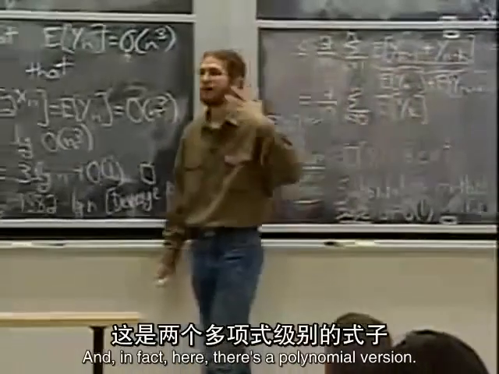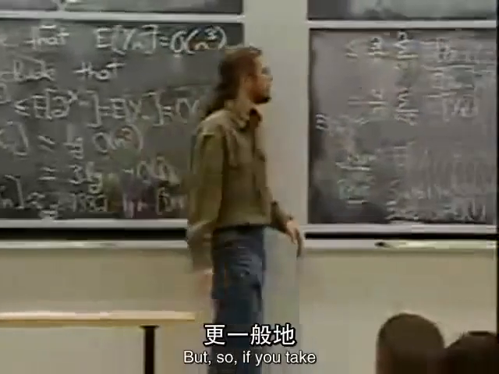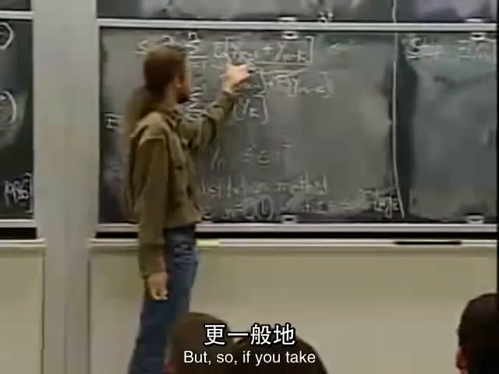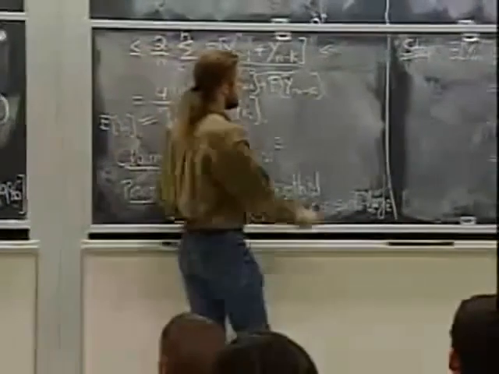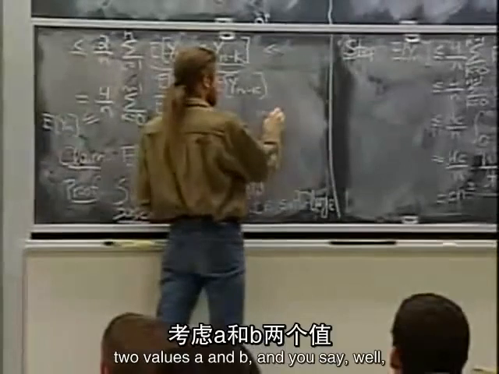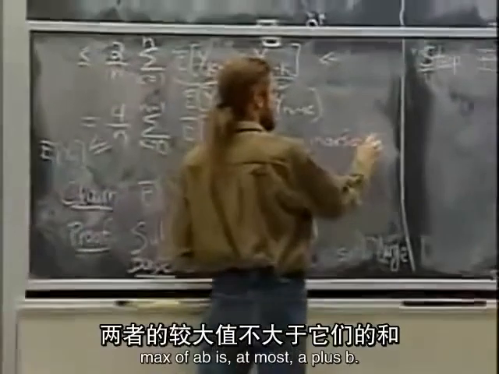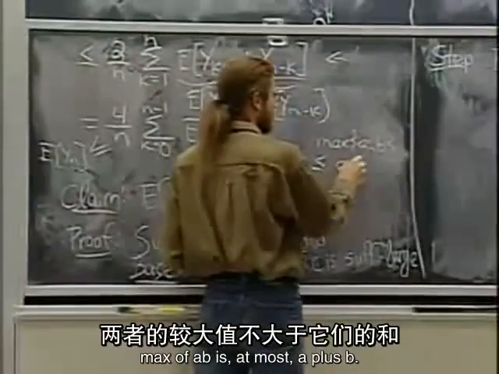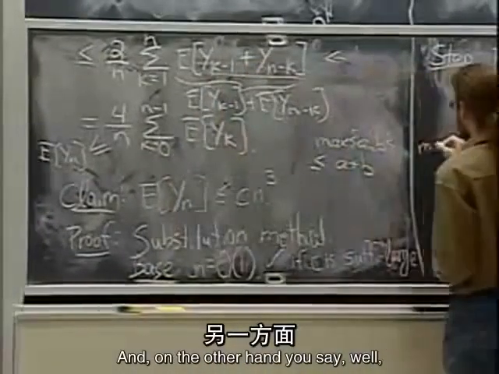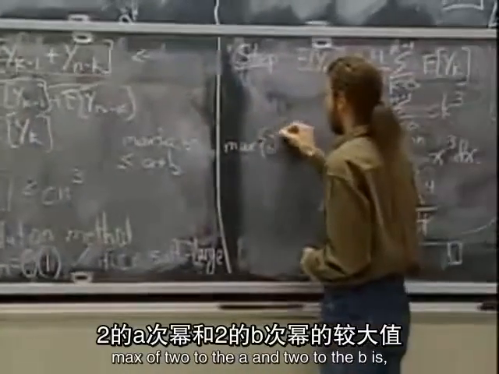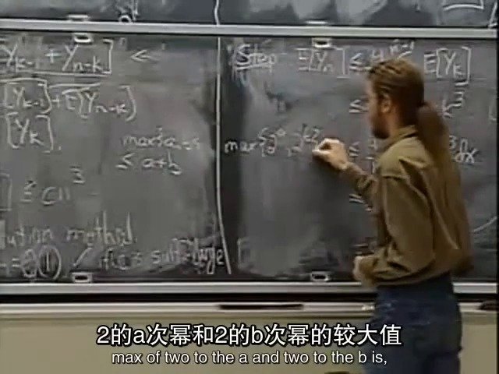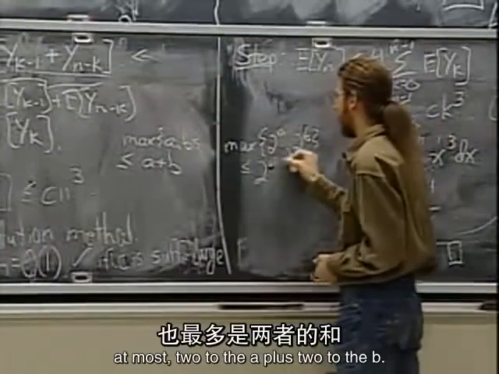And in fact, here there's a polynomial version. But so if you take two values, a and b, and you say, well, max of a, b is at most a plus b. And on the other hand, you say, well, max of 2 to the a and 2 to the b is at most 2 to the a plus 2 to the b.